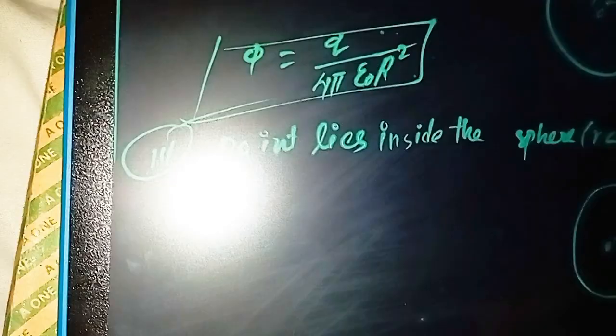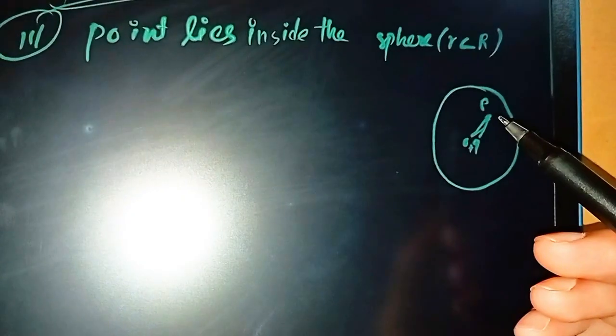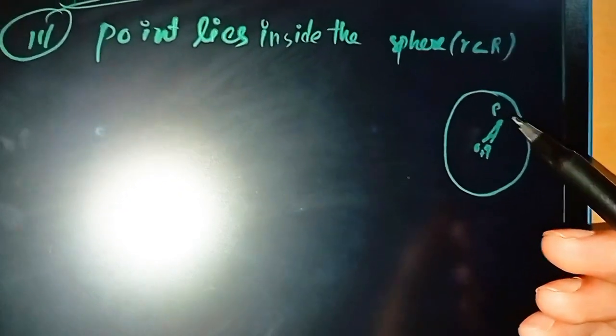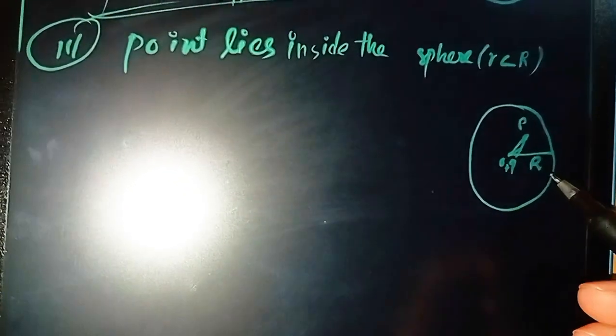This is the origin where the charge is located. Then let us take a point P which is inside the charge sphere, and the radius will be capital R.